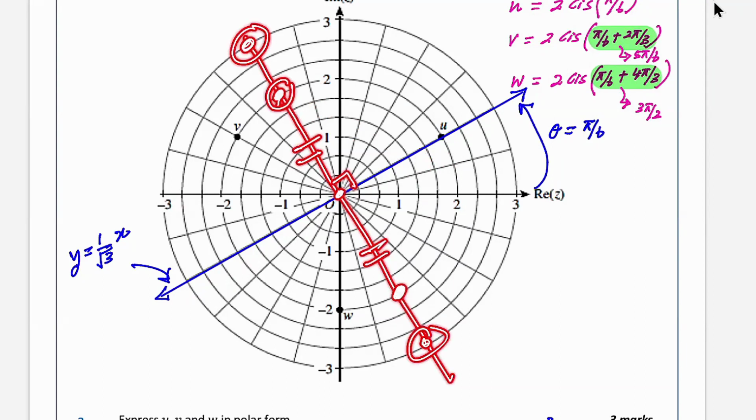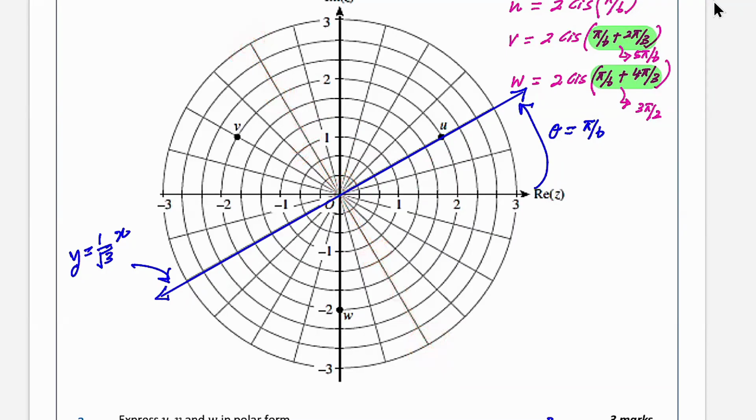So you understand the concept here. If not, you have to pick a point here and then find the distance from here to here, right? Or you can think another way of doing this.